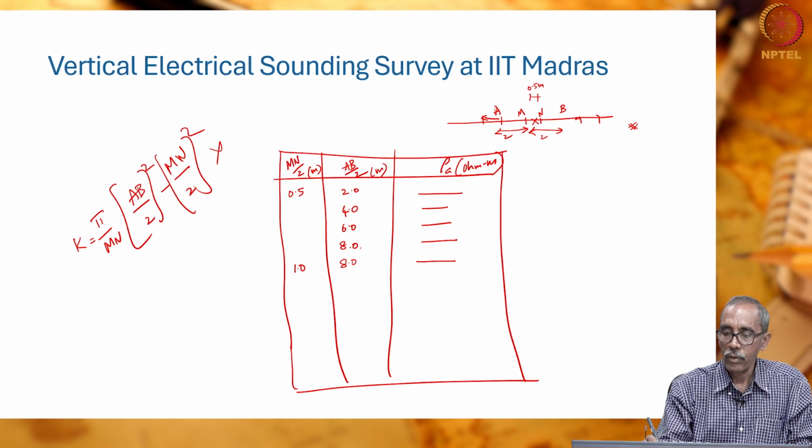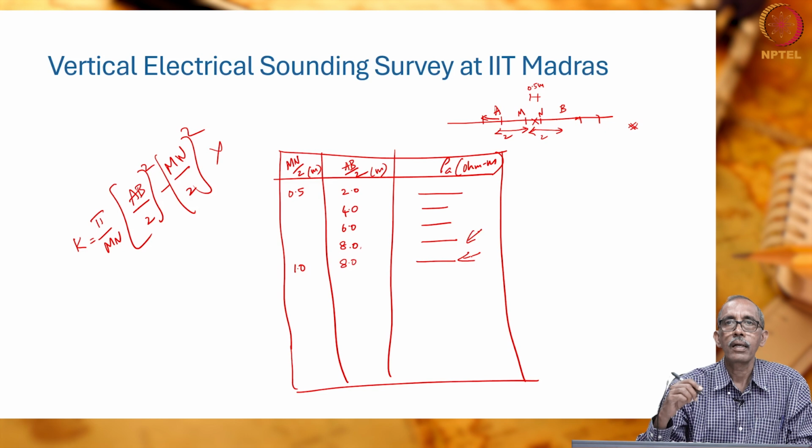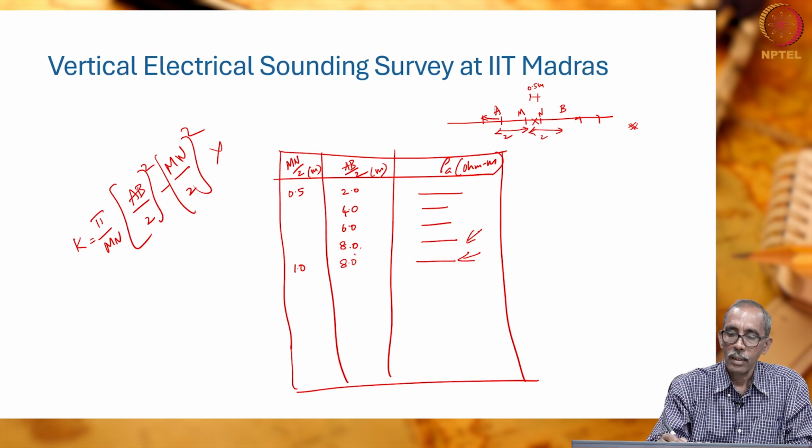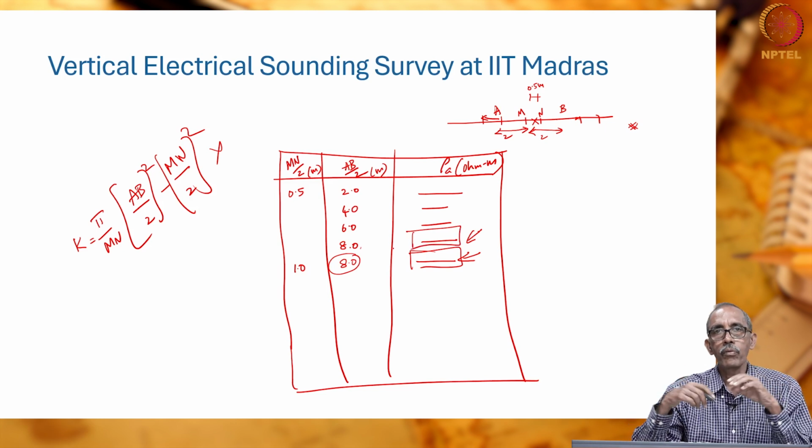The apparent resistivity which we get here should be similar to that of here, because we have moved only the potential electrode now. Because of that, we should get more or less the same value as before, but many times we will not get that. There will be some marginal difference; the idea is just to verify that.